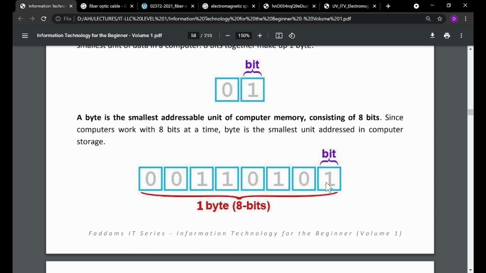When I say 4 bits, how many digits will you find? 4. Are you with me? So put this in your mind: we store in bits, but we operate in bytes. Does that make sense to you?